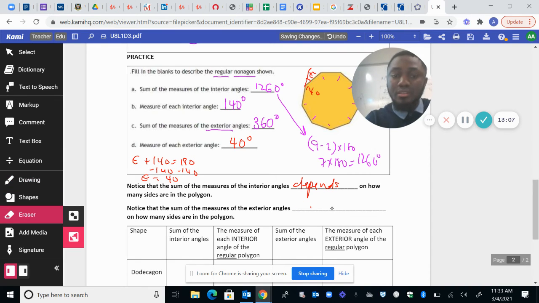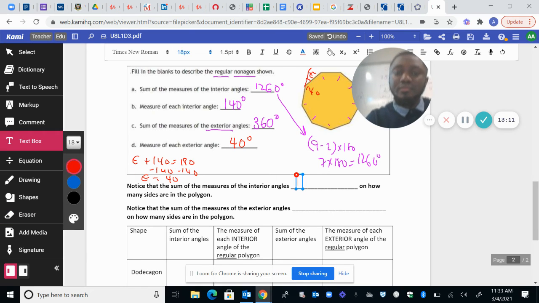So here is depend, and below it the exterior does not depend on the number of sides we have in the polygon.